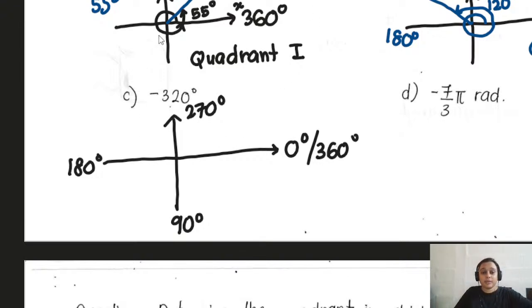So negative means must start from down. Down, go, stop here. So berhenti dekat sini. This is negative 320. So therefore, it is in first quadrant.